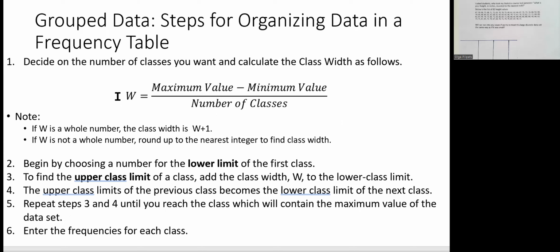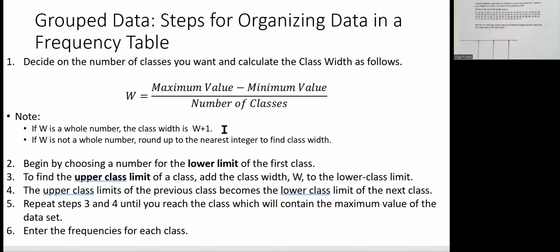And here's the way we're going to do it. We're going to take the maximum value, subtract the minimum value from it, and divide by the number of classes that we want. Now W doesn't have to be a whole number, but one thing to remember is that if you decide to round your class width, you have to round it up.